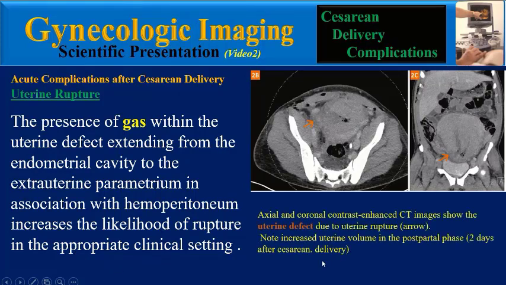These axial and coronal CT images show the uterine defect due to uterine rupture. Note increased uterine volume in postpartum phase 2 days after cesarean delivery.